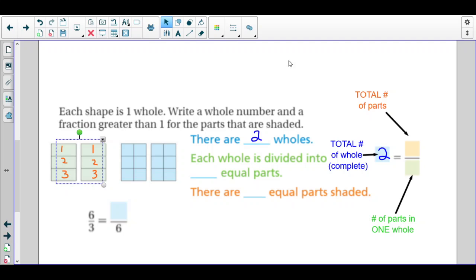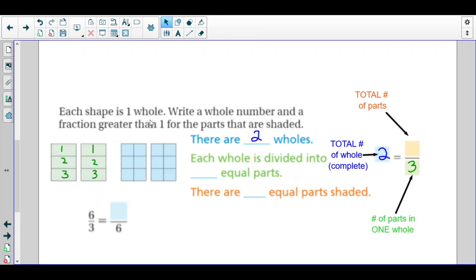We'll make those orange. Or actually, it needed to be green, so we'll switch over here to green. All right. So there are 3 equal parts. And we'll get that color changed here also.